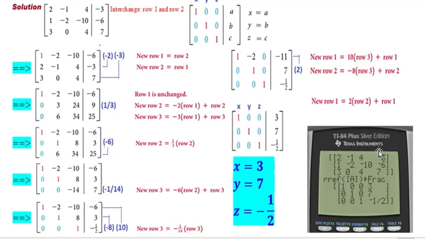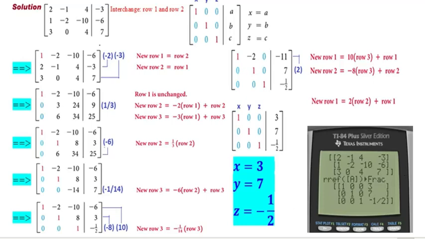You create this matrix, then use rref A to get the solution. So the solution is 1 0 0 0 1 0 0 0 1. The result is 3, 7, minus half, which is x equals 3, y equals 7, z equals minus half.